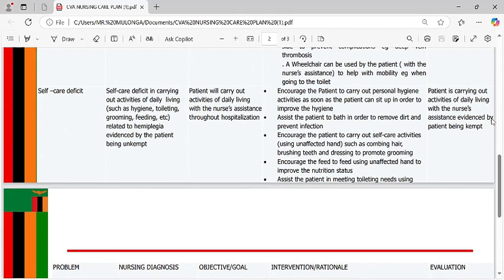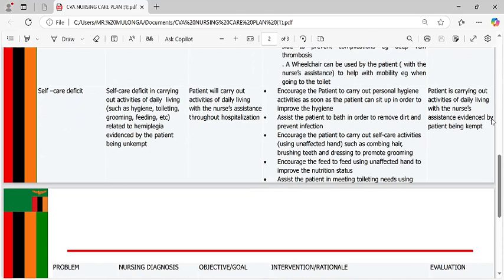When I say take care, I mean self-care, meaning they cannot brush their teeth, they cannot go to the bathroom, they cannot bath themselves. Because of those things that the patient cannot do, their self-care will go down.